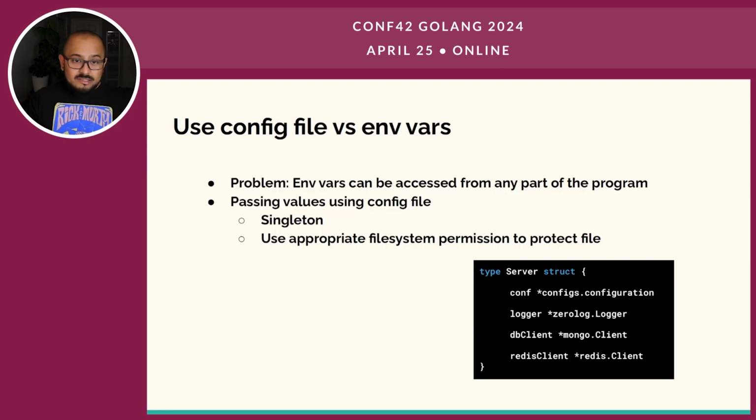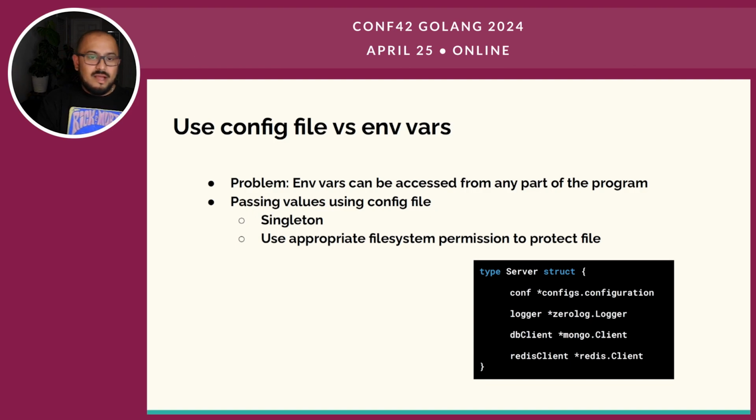The next thing that we could do to secure the API is passing secrets through a config file instead of environment variables. Personally, I don't like passing secrets through environment variables. The main reason being they can be accessed from any part of the program. People can just go to os.Getenv and then fetch the secrets.